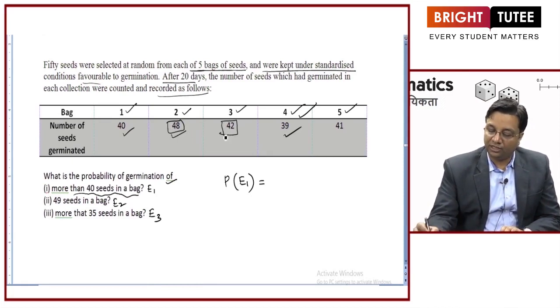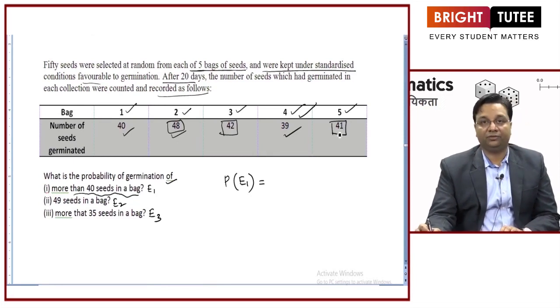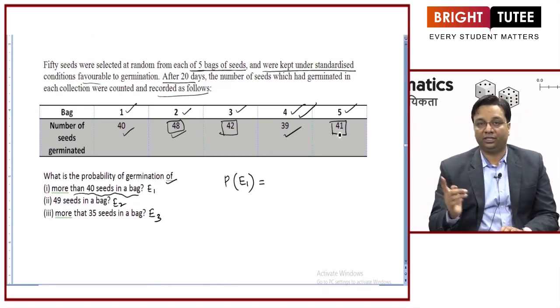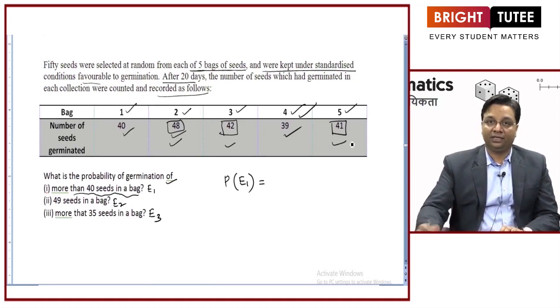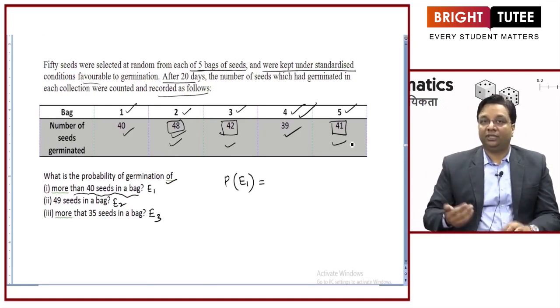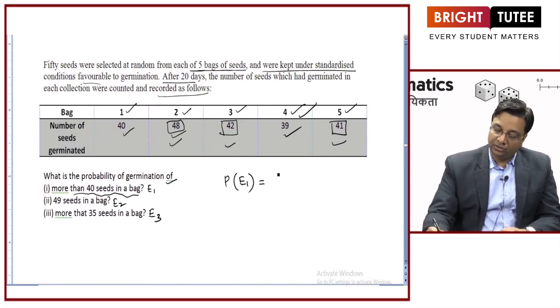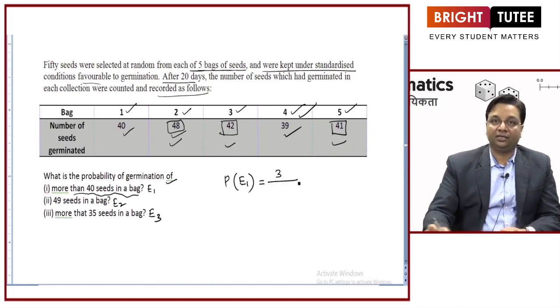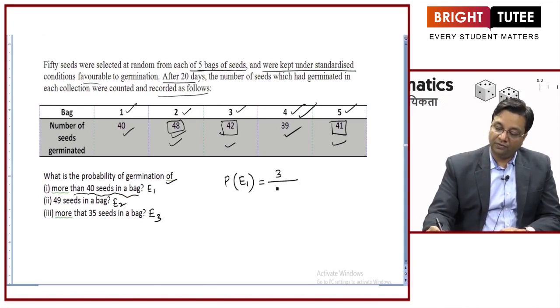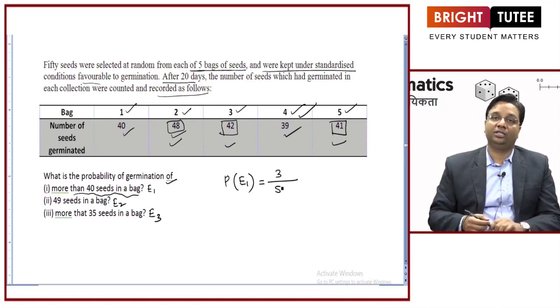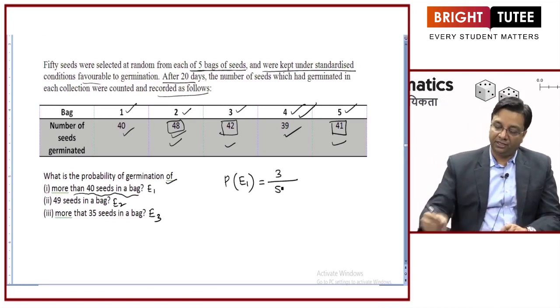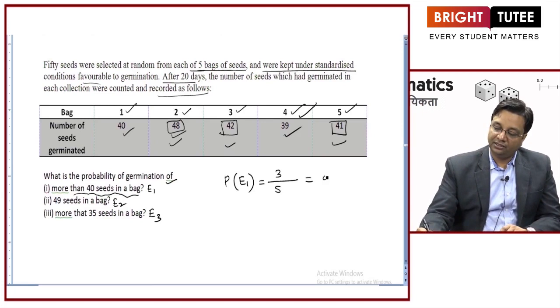This is also more than 40. This is also more than 40. We are talking about more than 40 and not 40. So there are 3 bags out of 5 in which more than 40 seeds germinated. So 3 is the number of times the event occurred out of total 5 times the experiment was performed or the observation was made. So 3 out of 5, that is 0.6, is the probability of event 1.